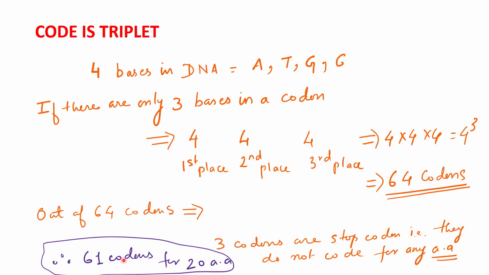The rest of the 61 codons actually code for amino acids. That means the 20 amino acids that we find in our proteins are coded by 61 codons present in our genetic code. Okay, so our code is triplet.